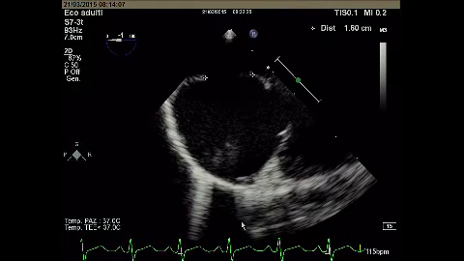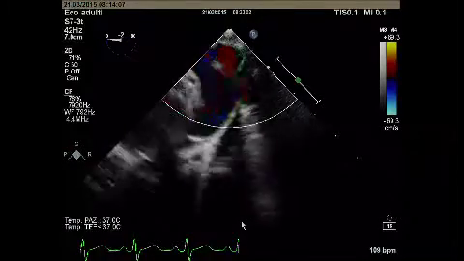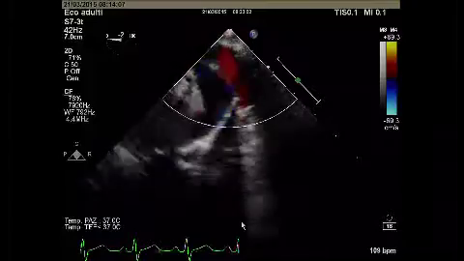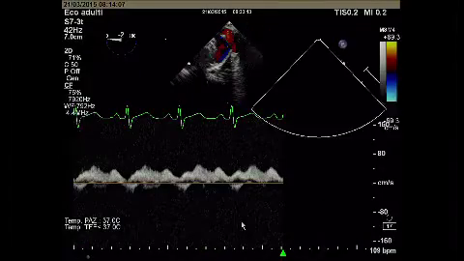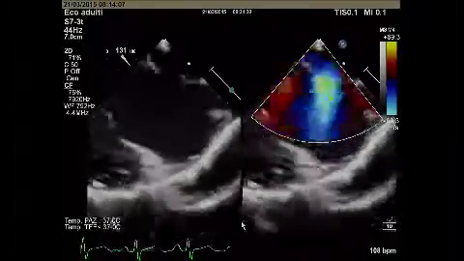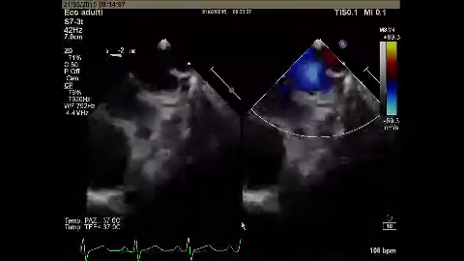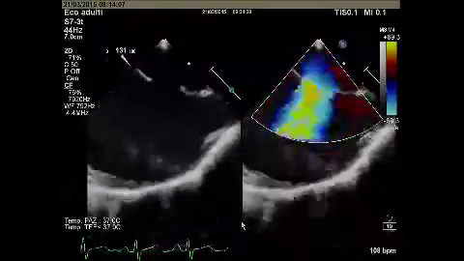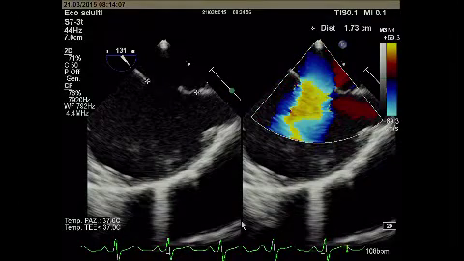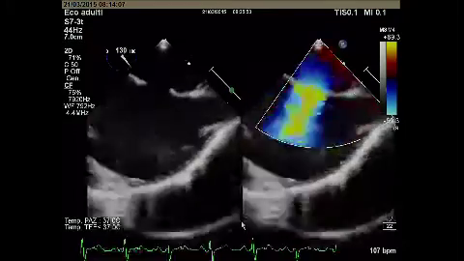The ASD here, including the floppy and the firm part, measures 1.6. Left lower pulmonary veins are fine, left atrial appendage, normal flow in the pulmonary veins. We can even demonstrate coronary flow. Practically, as I said, the measurement is between 1.5 to 1.7.